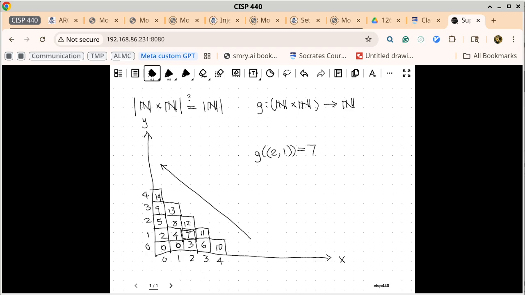But 0 plus 1 is a 1. This is the other pixel on the same diagonal line. This one has a coordinate of 0, 1. This one has the coordinate of 1, 0. So I might have misspoken. Let me say that one more time.